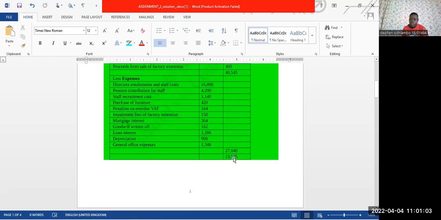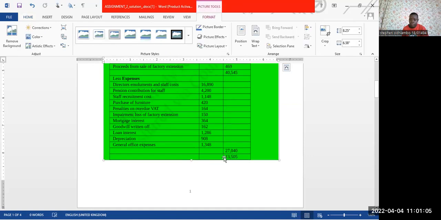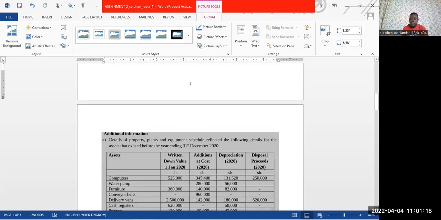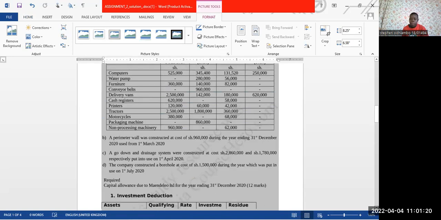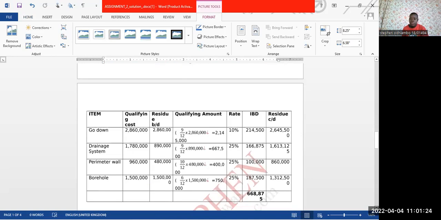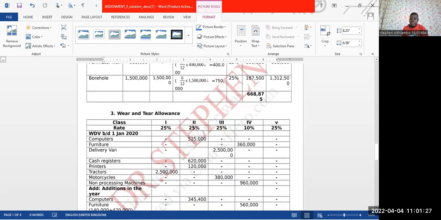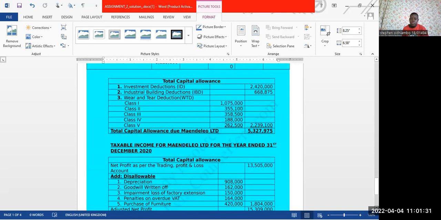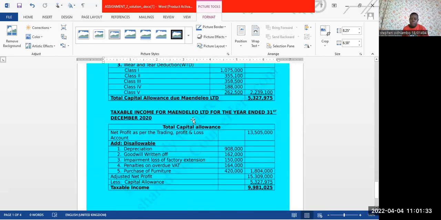Can you see this? I told you it is in this row, in this column we have 1,000. So this is 13,505,000, and that is our net profit. So you just come here and give your net profit, then you less other deductions which are required to be deducted for you to get your taxable income amount.